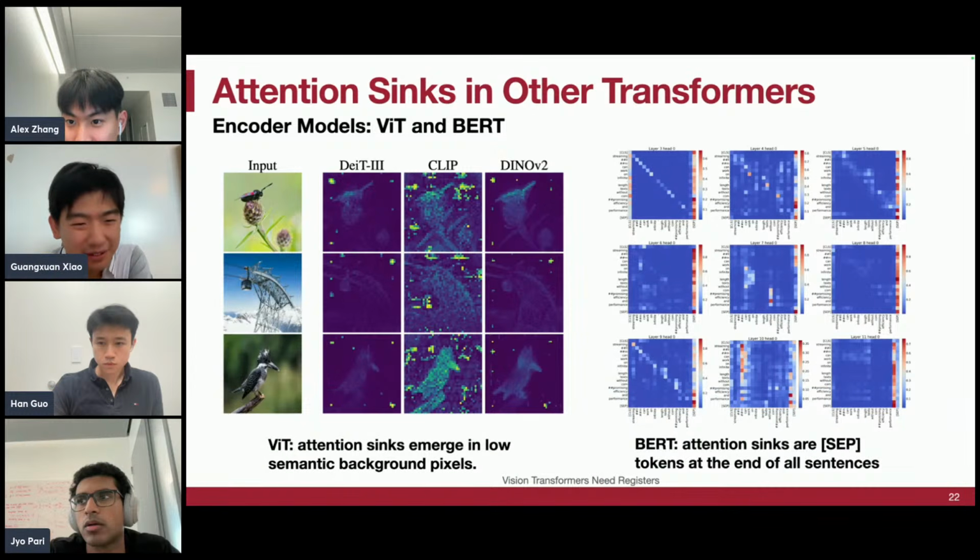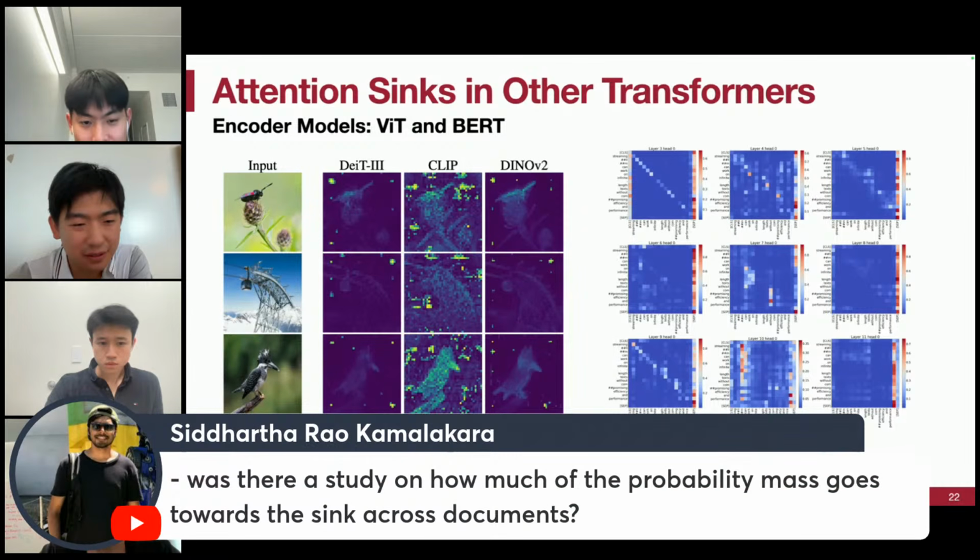Siddhartha Rao asks, basically, is there a study on understanding how much the probability mass gets distributed towards sinks? Yeah, I think it's like a feature that the model needs some bias or some tokens to absorb attention.